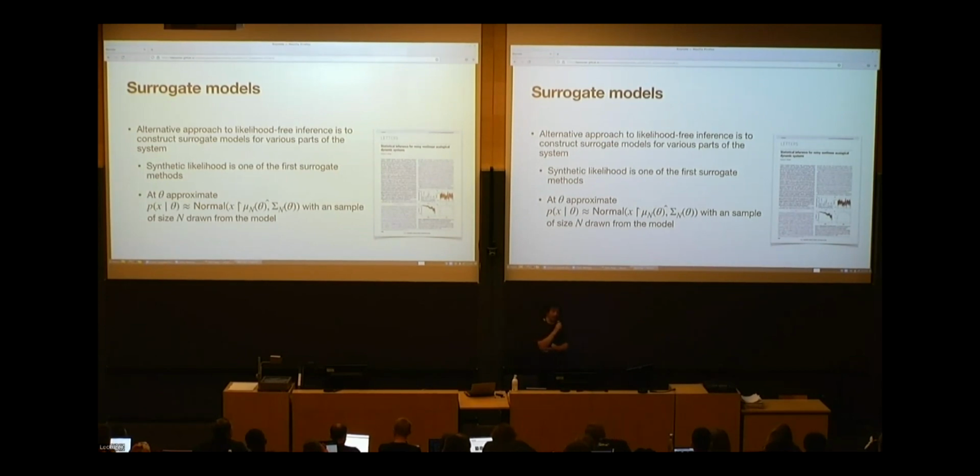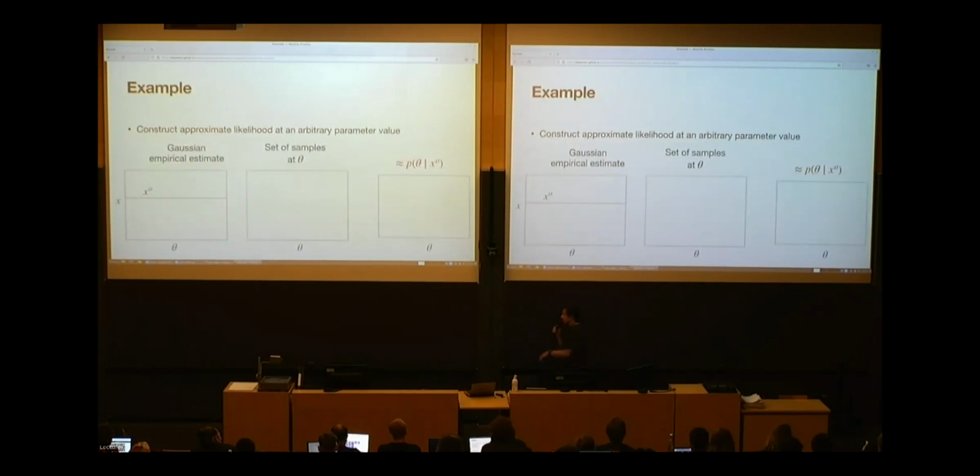At any given parameter value, theta, because we can draw a simulation from that, we can draw many simulations from that same parameter value, and then you can calculate the empirical Gaussian approximation to the simulator output at that parameter value. And if we can do that, we can calculate the likelihood function, because if the model is Gaussian at that point, we can fit the observed value to that.